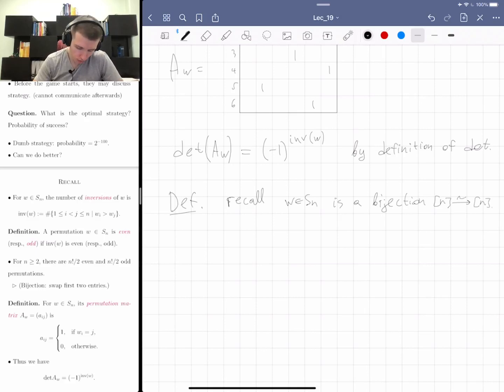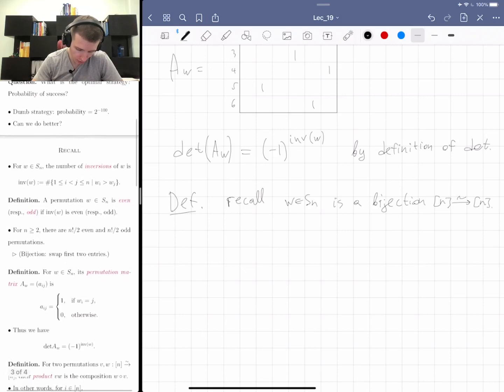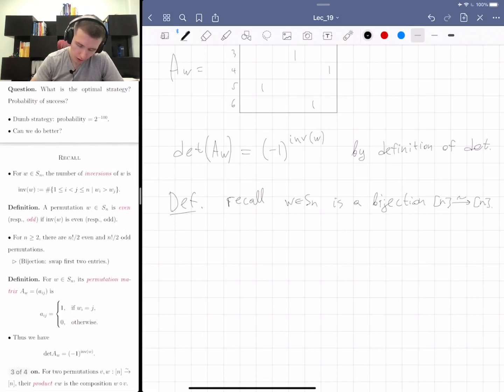And if you have two permutations, you can define the product. So if you have two permutations, V and W, their product, V times W, is by definition the composition in reverse order. Oops.